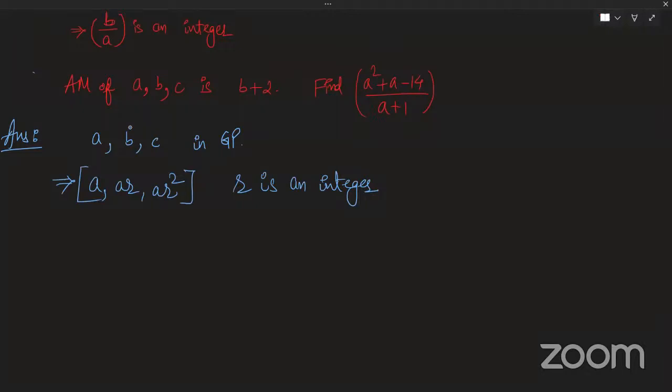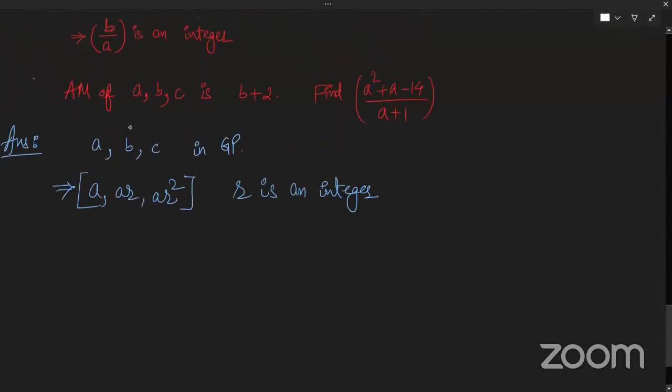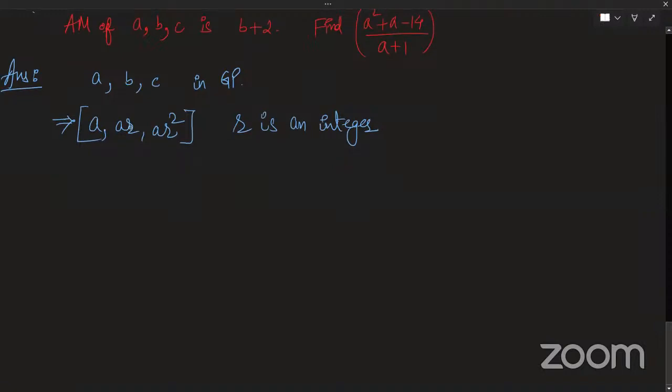So the arithmetic mean of A, B, C is B plus 2. What is the arithmetic mean? It is A plus AR plus AR square divided by 3, equal to B plus 2, so AR plus 2. Opening this: A plus AR plus AR square equals 3AR plus 6.